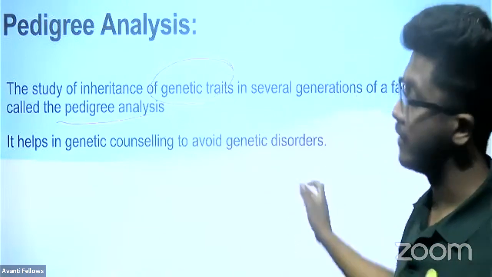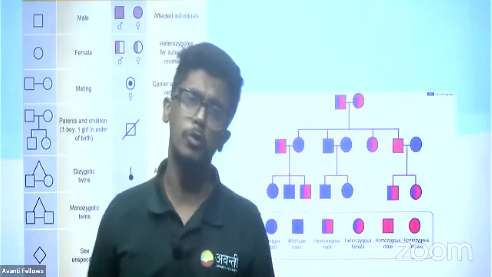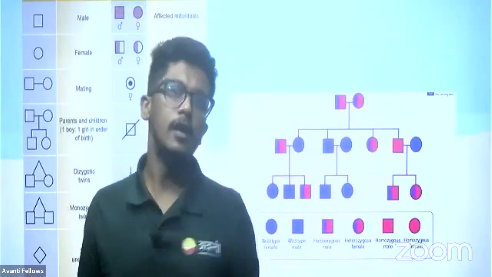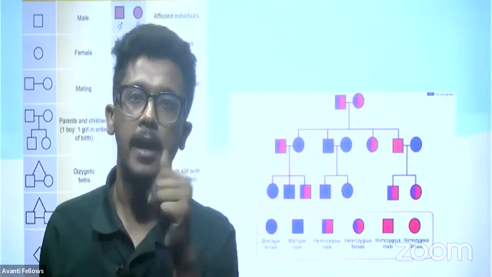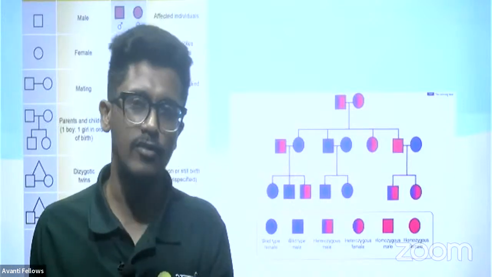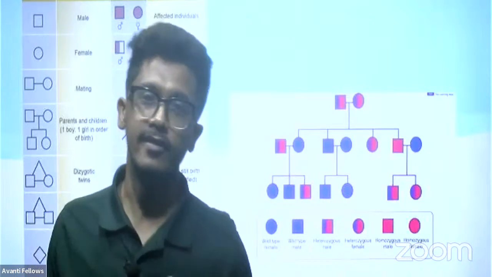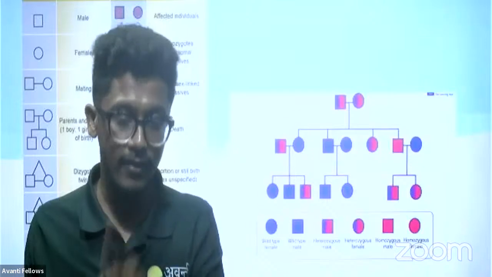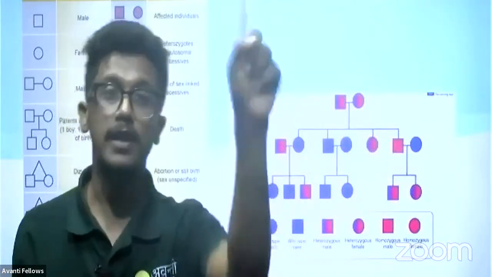This is very significant, not only for genetic counseling, to avoid disease. Let's say that you are working as a geneticist, a biotechnologist, or any molecular biologist, and you are tracing one character. It can be a good character also, not only disease. You can predict that this organism has this trait, and what the next one would be if it mates with that one.